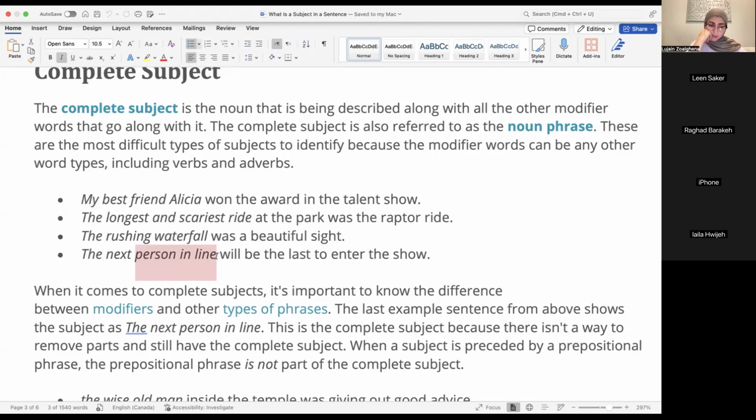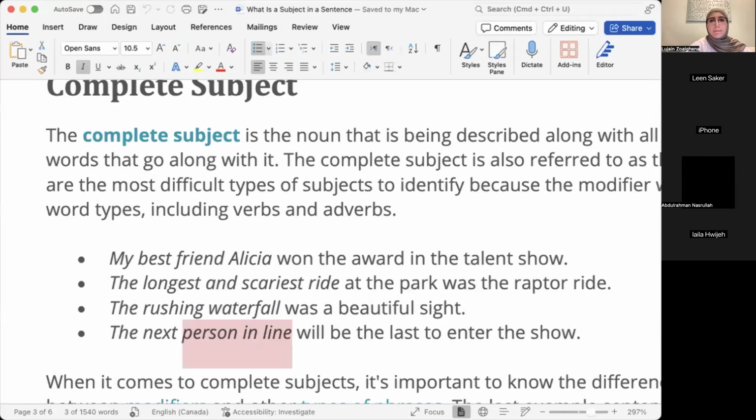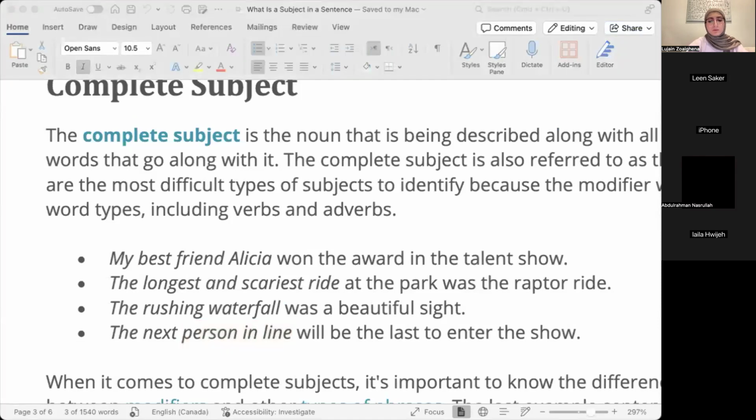Why is it an object? What is the meaning of an adverb? A word that has been added to the verb. It's an adverb of place because we specified the place that the person was in.